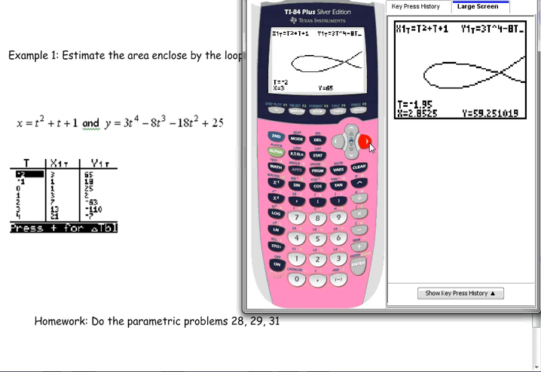I'm waiting to find the cursor. There is no other way to find the intersection point. Okay, it's pretty close. The first t is negative 1.35. Pretty close. What's true about x and y? I can't think of it. What's true about x and y there? At that point.